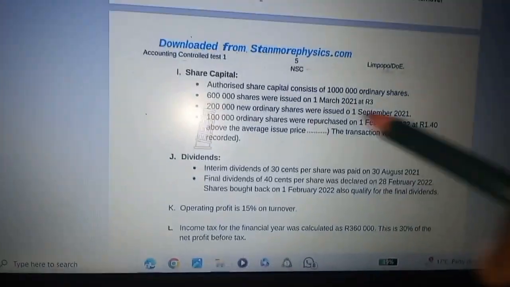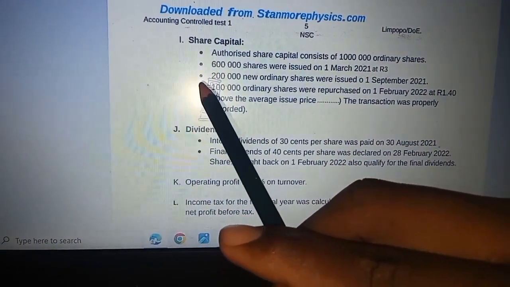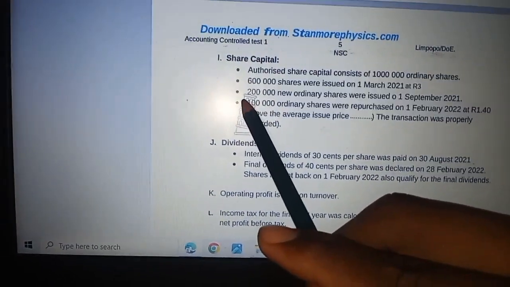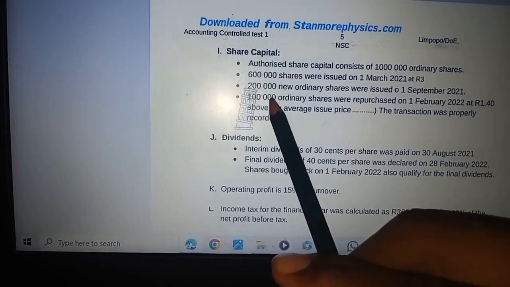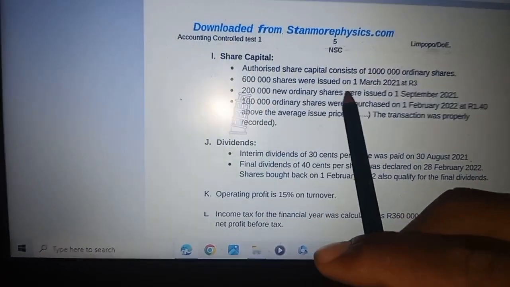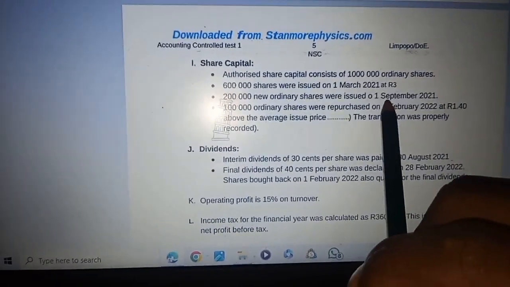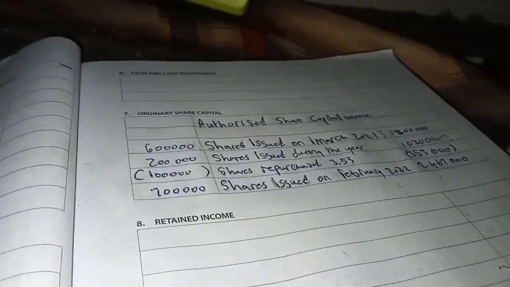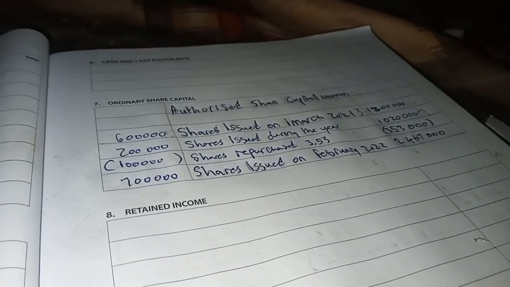We go to bullet number 2, they say 200,000 new ordinary shares were issued on 1 September 2021. So 1 September 2021 is during the year.